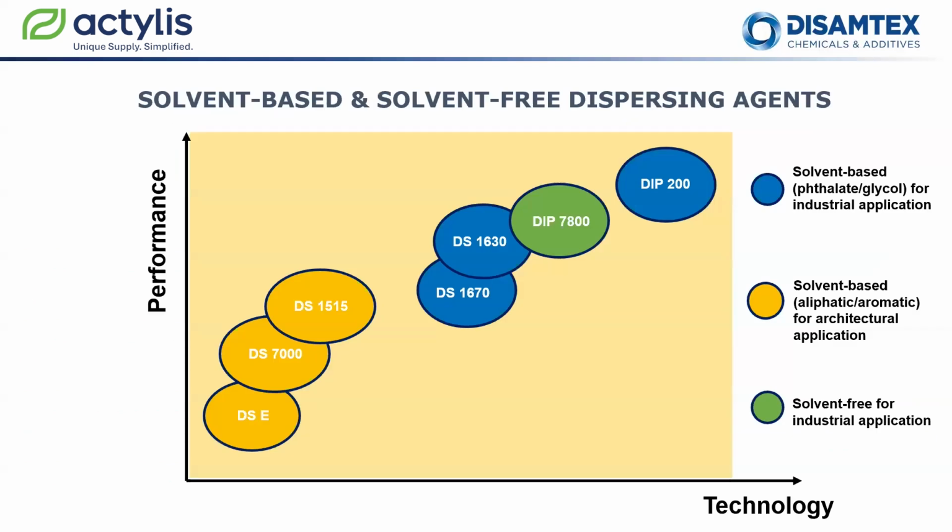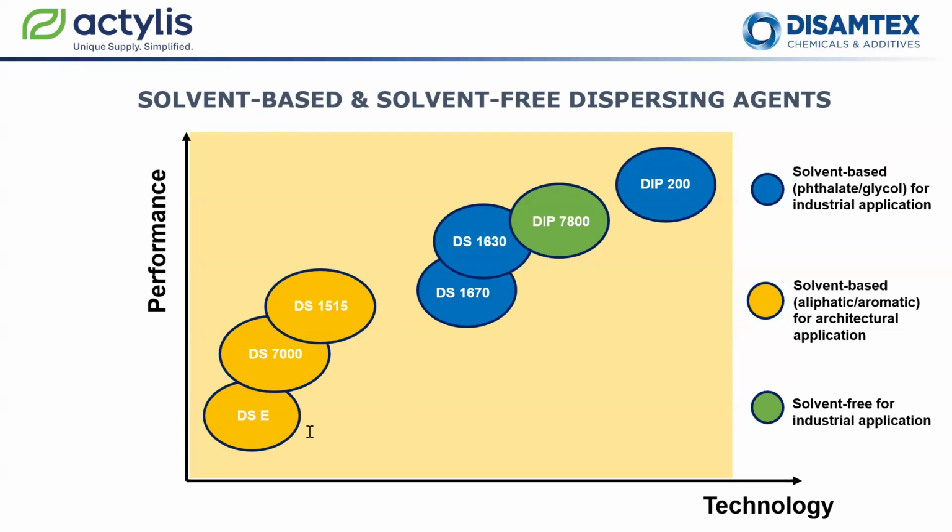And this slide maps the name of Disamtex's dispersing agents by technology level, the x-axis, versus performance, which is the y-axis. Yellow bubbles show solvent-based dispersants for architectural coatings, offering solid performance with conventional technology.